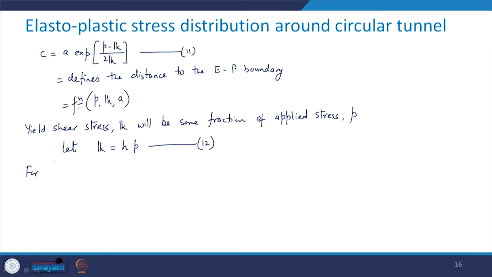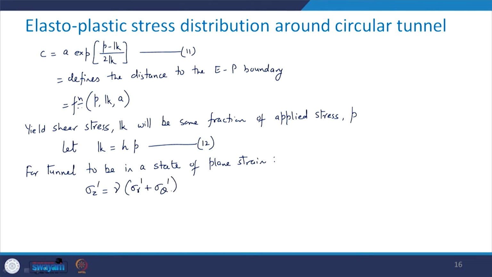So, for tunnel to be in a state of plane strain, remember we are doing this derivation for this situation, this sigma z prime will be equal to nu times sigma r prime plus sigma theta prime, and sigma z double prime is going to be equal to 0.5 times sigma r double prime plus sigma theta double prime.